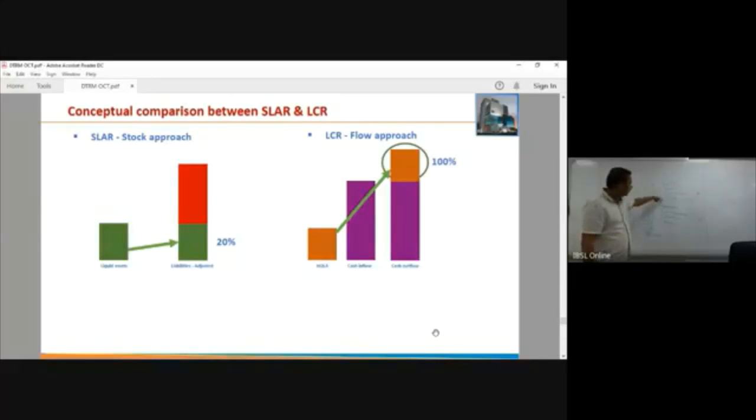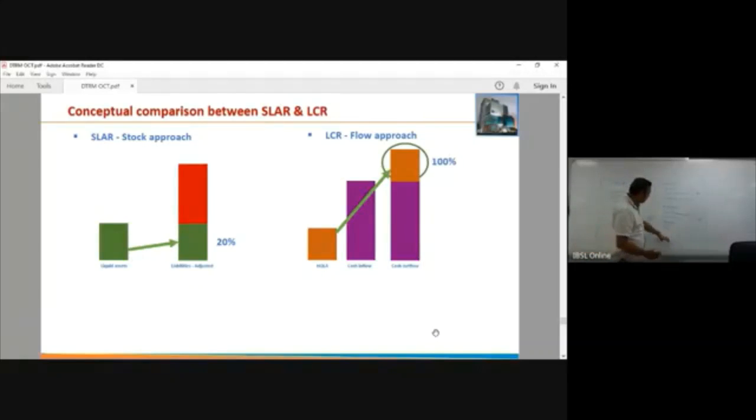Your loans are more than your deposits. Therefore, naturally for a bank, in any given period, inflows are less and outflows are more. That is where the maturity mismatch comes from, and it is natural for a banking business.